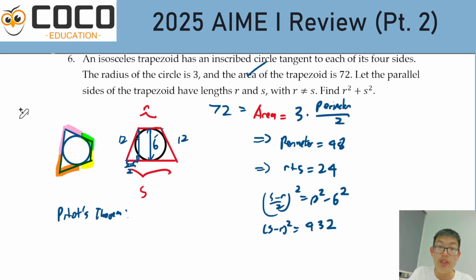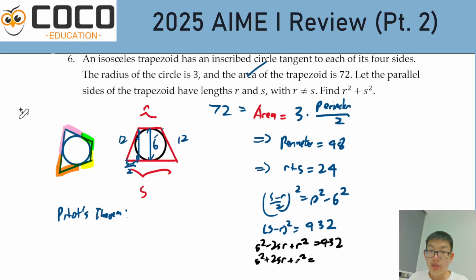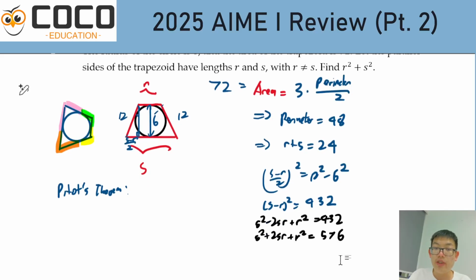I did not know it would turn out to be so nice when I'm doing all these kinds of information chasing, but my intention is that I want basically to have two pieces of information for R and S, so that either I can solve for R and S or I can get to R squared plus S squared. If I square the other one, then to get R squared plus S squared, I just take the average of these two.